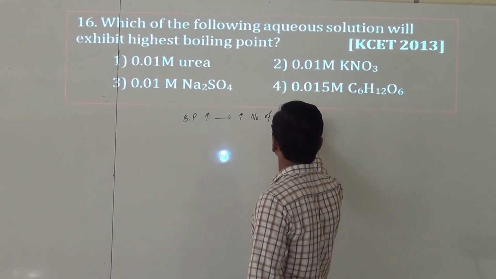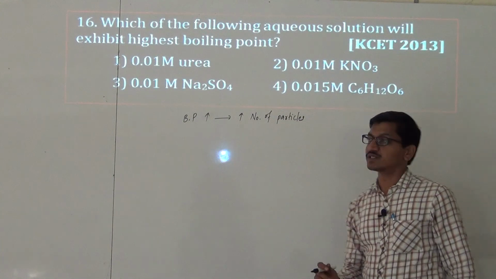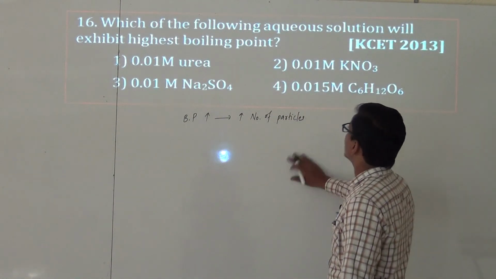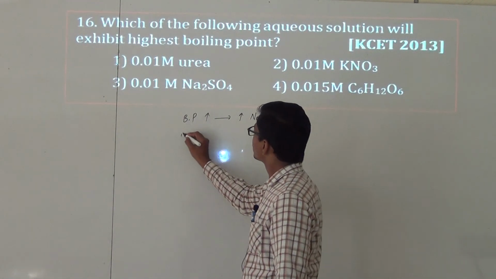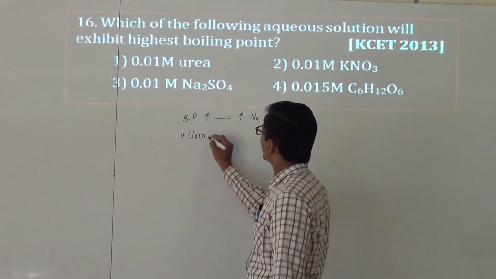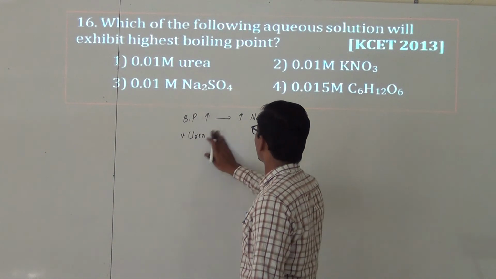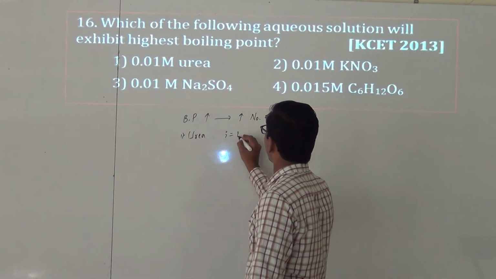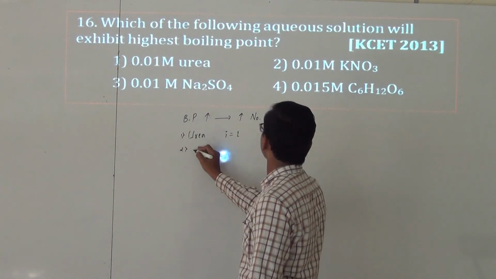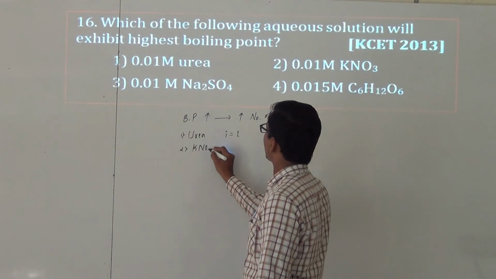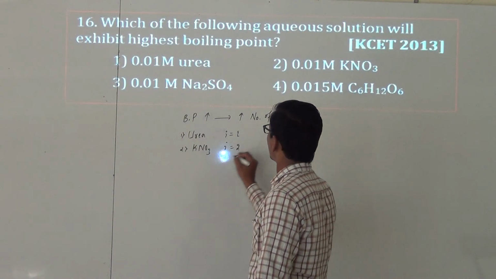In this case, first, urea, i is equal to 1. Second one is KNO3, i is equal to 2.